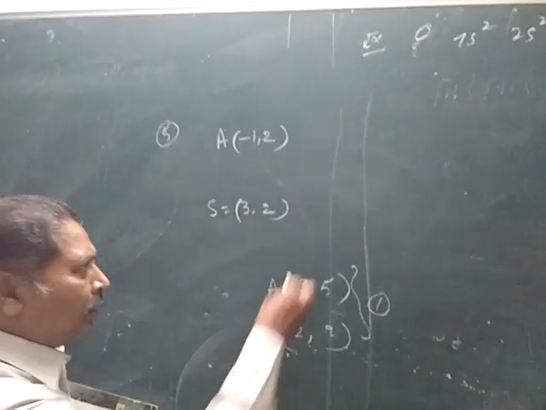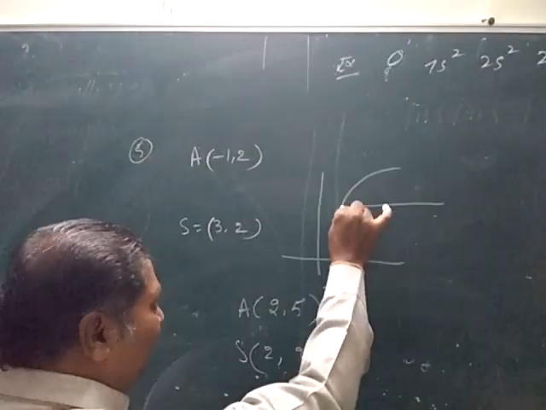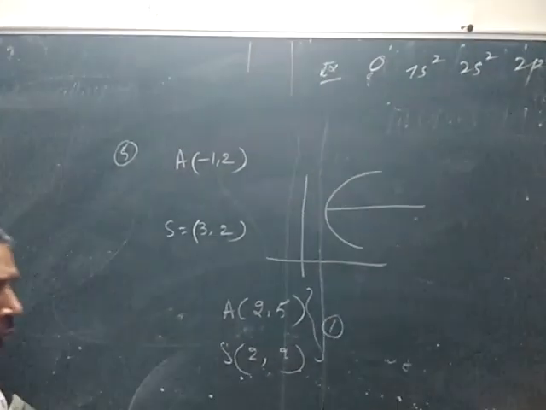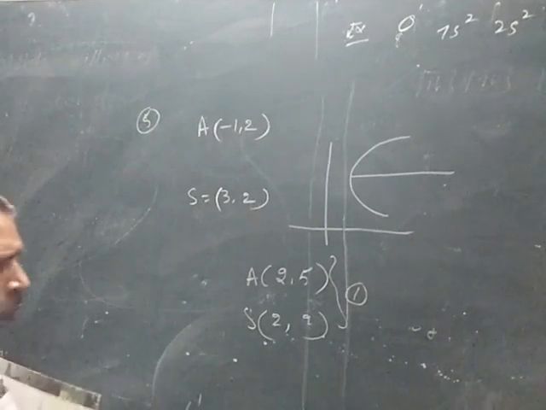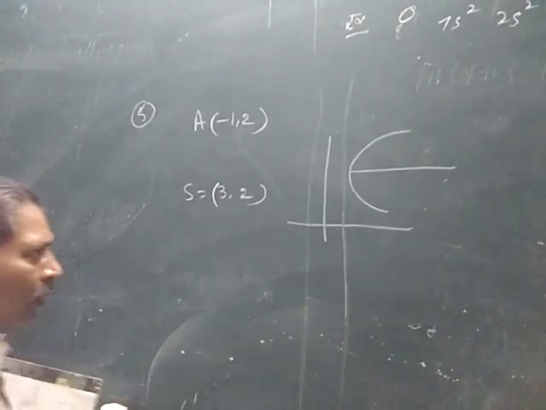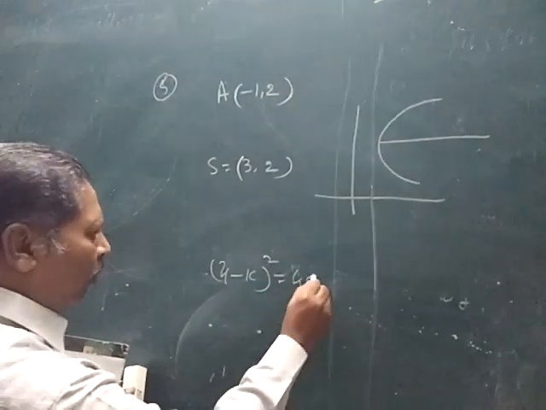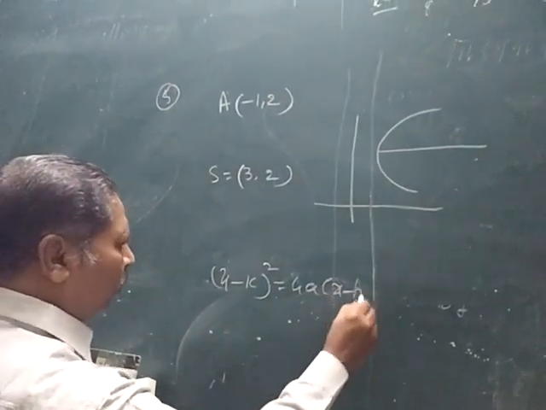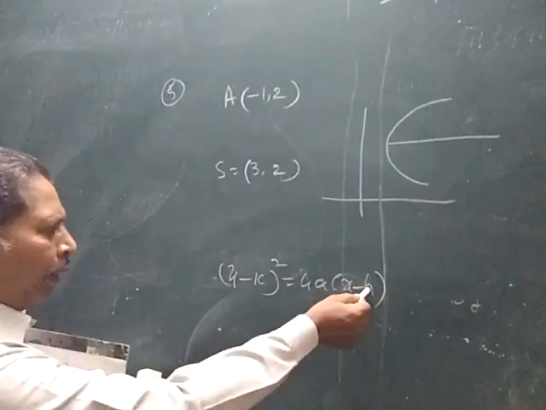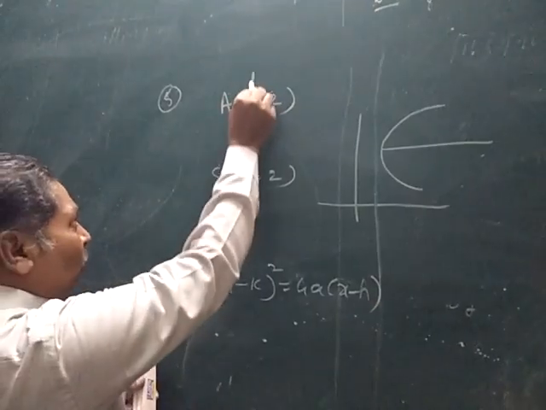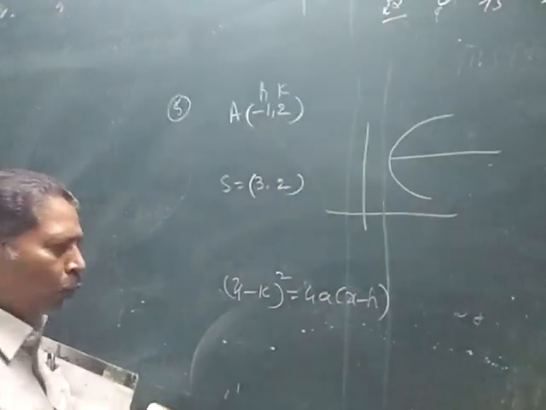When y coordinates are equal, the axis line is parallel to the x-axis. So the formula is (y minus k) whole square equals 4a into (x minus h). Already given h value minus 1, k value 2.